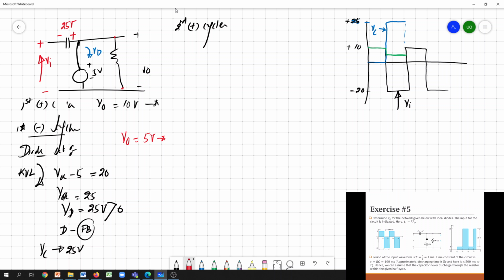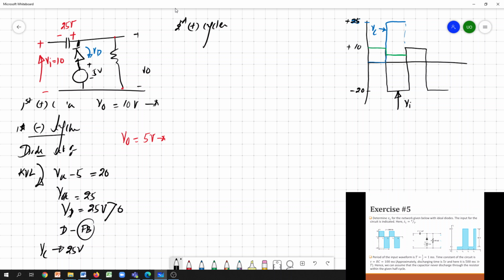So Ei equals 10. So you have a diode here. So then we don't need to care about this RC circuit. We basically focus on this diode circuit.